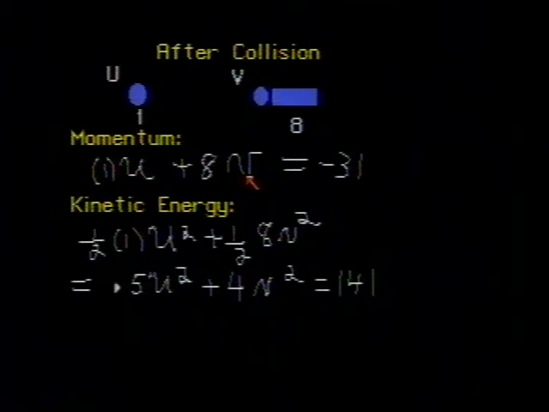I'm going to eliminate u and write that u from the first equation is equal to minus 31 minus 8v.